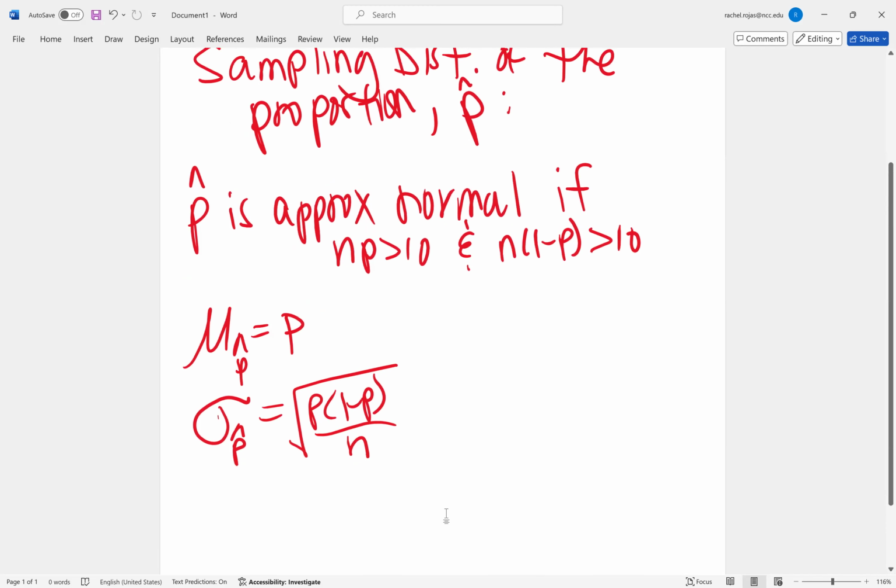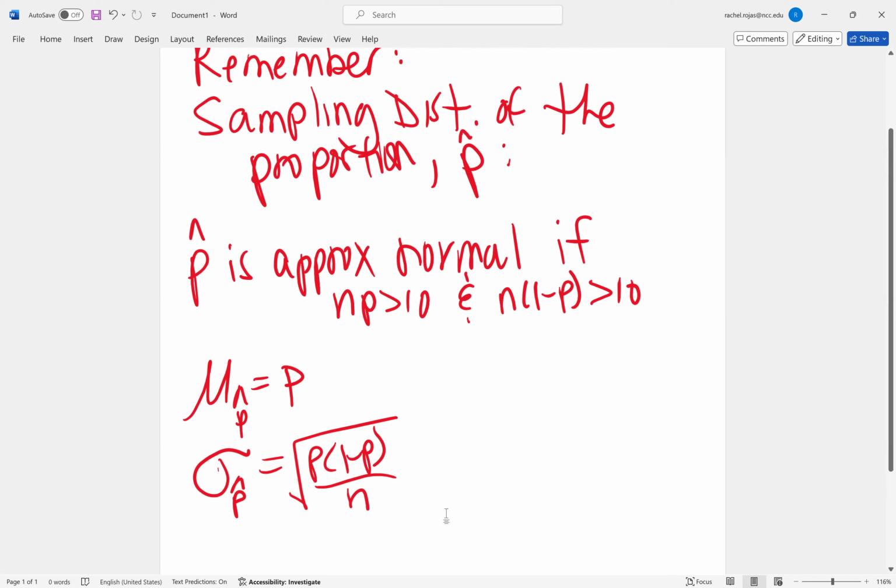But realistically, in real life, we don't know what P is, right? We're trying to estimate it. So now in chapter 9, we're going to construct a confidence interval to estimate the population proportion, and we're going to use P hat as a point estimate.